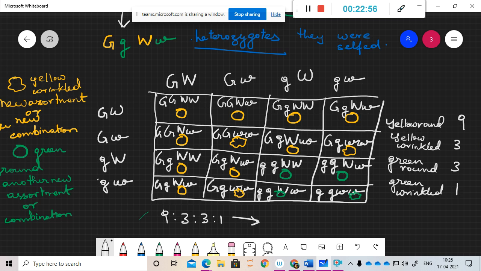And this is a dihybrid cross. And this laid the principle of independent assortment. Now I would go to the next part of my talk, which is extension of Mendelism.